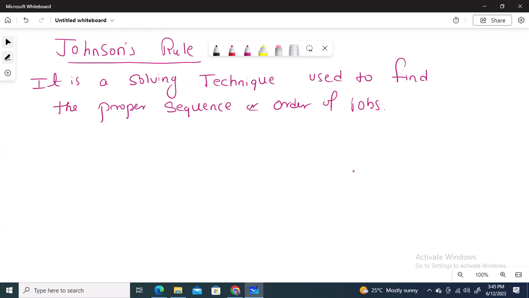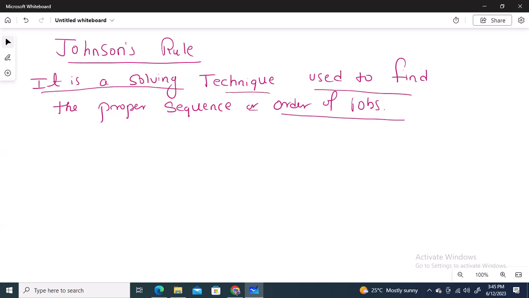Johnson's rule is one of the important solving techniques which is used to find the proper sequence or order of jobs. Remember, it is a solving method used to find the proper sequence or order of jobs. This is Johnson's rule.